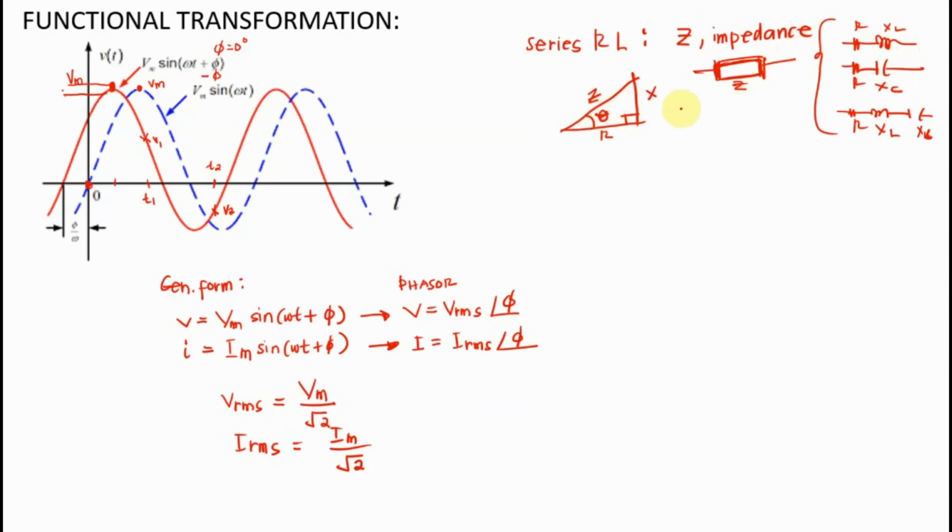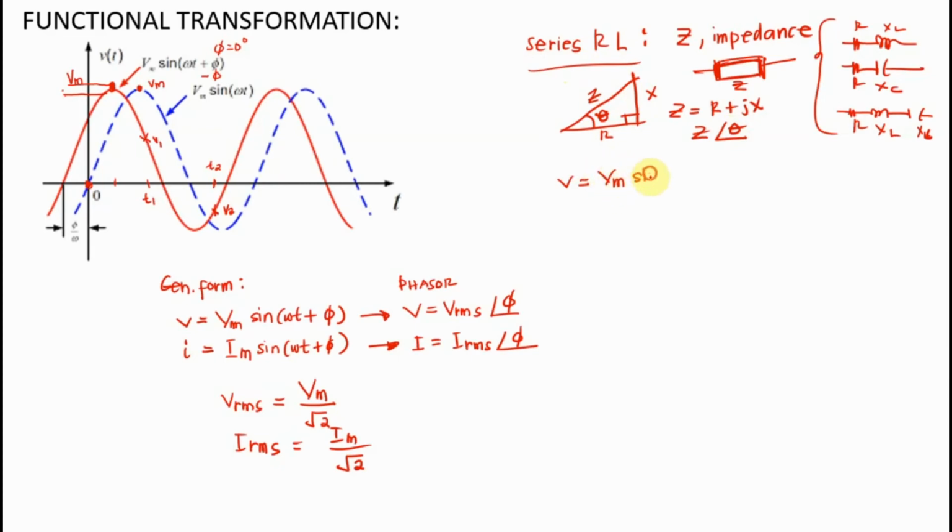That's why we can say that Z in rectangular form is R plus jX. It can be in rectangular form like that, or in polar form, Z angle theta.